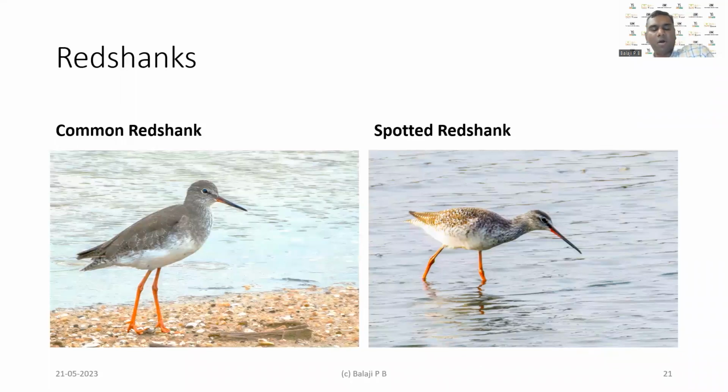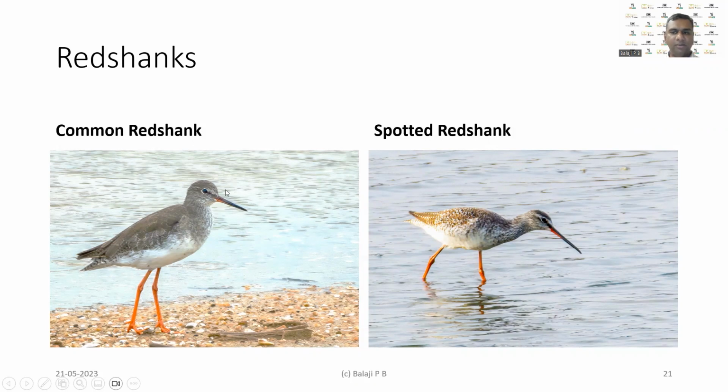Another commonly confused pair is the redshanks. How do we differentiate the common redshank and the spotted redshank? Because both have the same color of legs, and the beaks are also straight. So how do you differentiate between the two? In the common redshank, the length of the beak is relatively short.